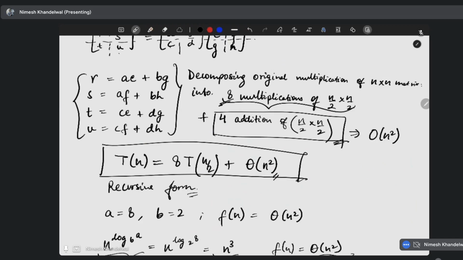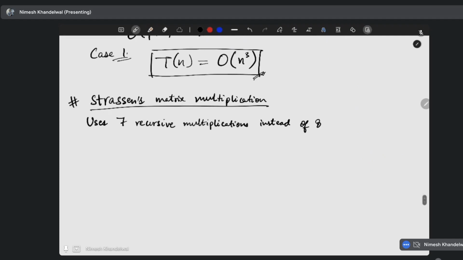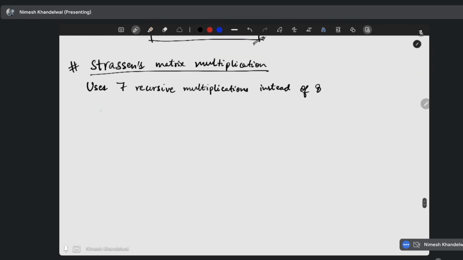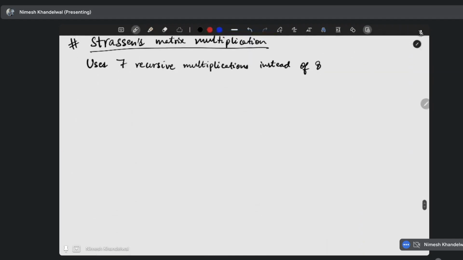In Strassen's algorithm, it uses 7 recursive multiplications instead of 8, right? And how does it do that?